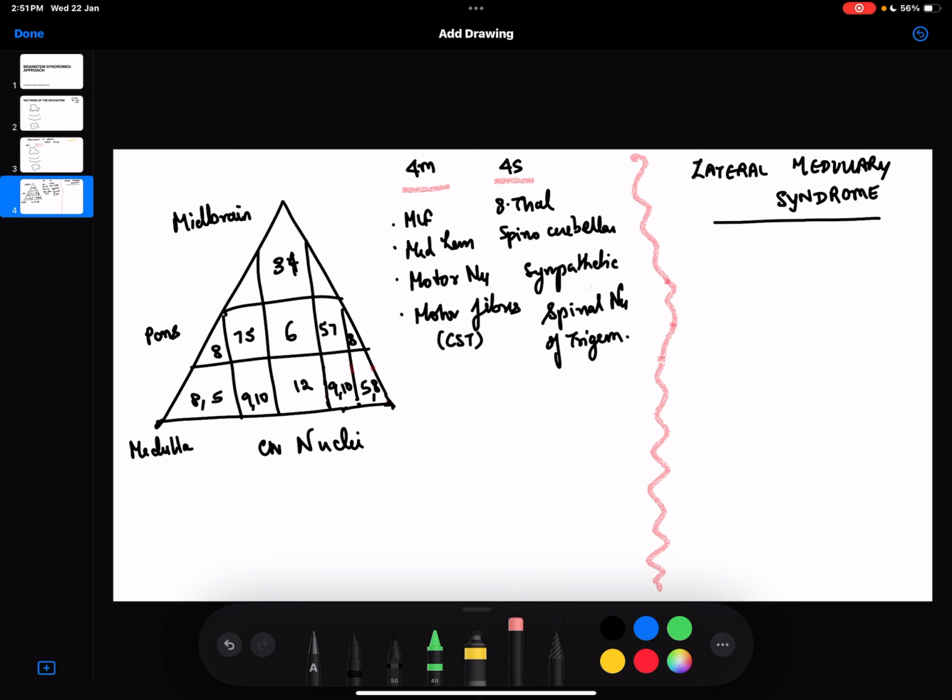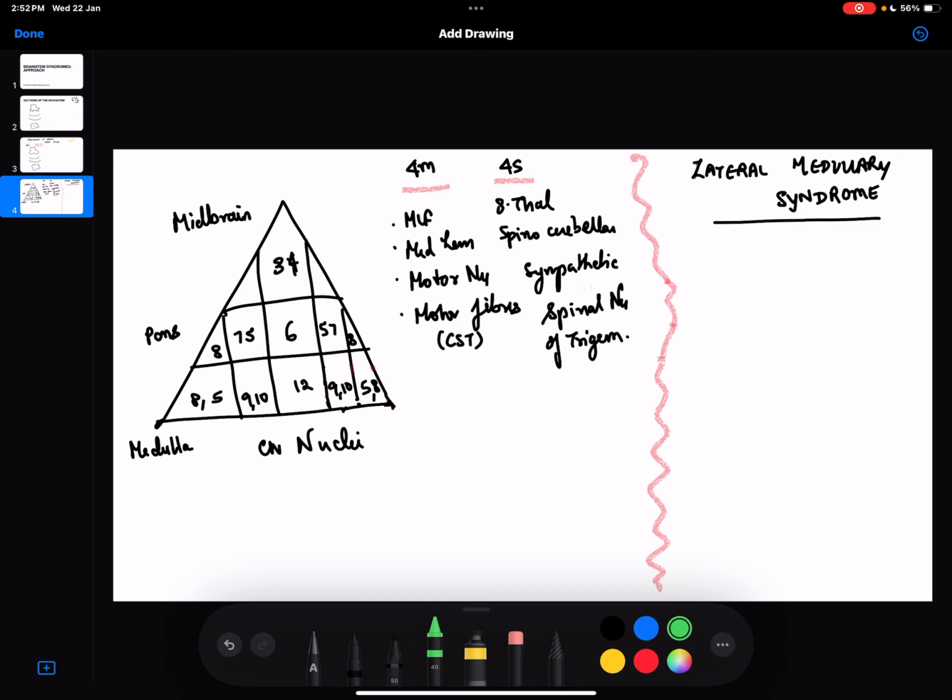In your question, if you have to find out something like all of the following are seen in lateral medullary syndrome except, it becomes very confusing to remember ipsilateral, contralateral, sensory laws, hemisensory laws, etc. That is the reason why, if we make a pictographic memory of these structures, we can easily solve any MCQ related to brainstem syndromes.